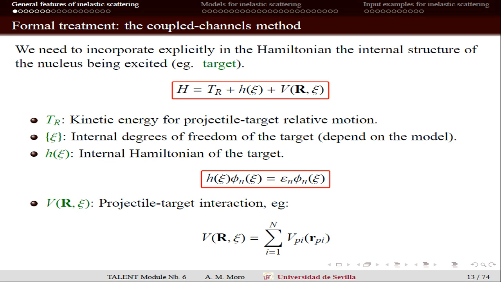This sum, this n, could be a 7 if we have a 7-body model of lithium-7, but if we use a 2-body model of lithium-7, alpha plus triton, then this sum will contain only 2 terms: the interaction of the proton with the alpha particle, and proton with triton. So it will obviously depend on the model that we are using.